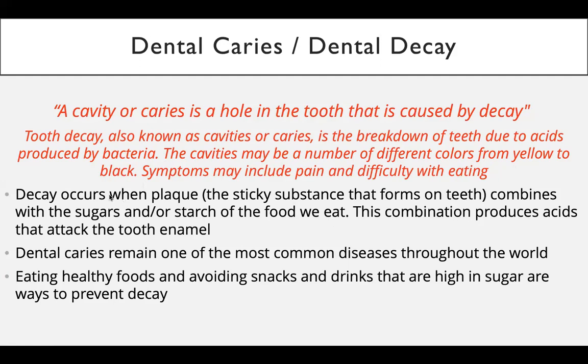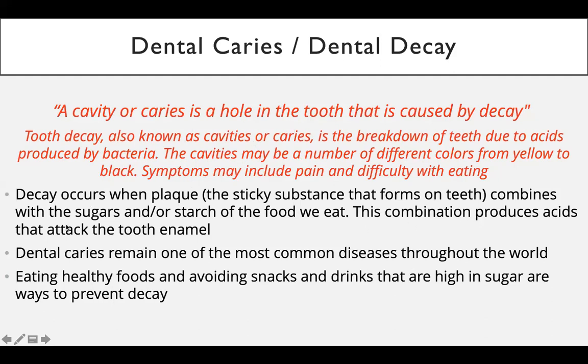Those sugars, simple carbohydrates and starch, will make plaque with the help of bacteria, because bacteria love simple sugars, and produce acids. The acids will break down the tooth enamel and dentin and cause caries and tooth decay.